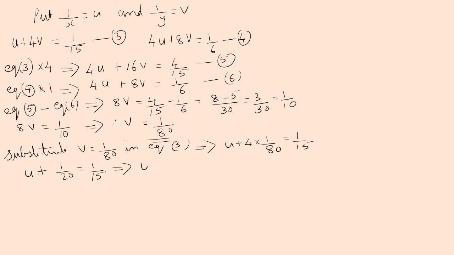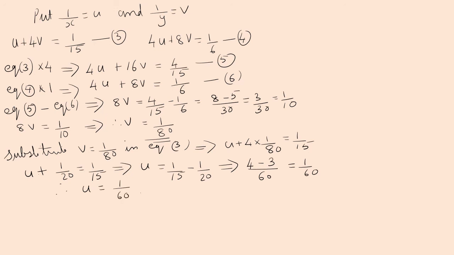That is, u equal to 1 upon 15 minus 1 upon 20. 60 is the LCM. So you are having 4 minus 3 upon 60, that is equal to 1 upon 60. Therefore, u equal to 1 upon 60.